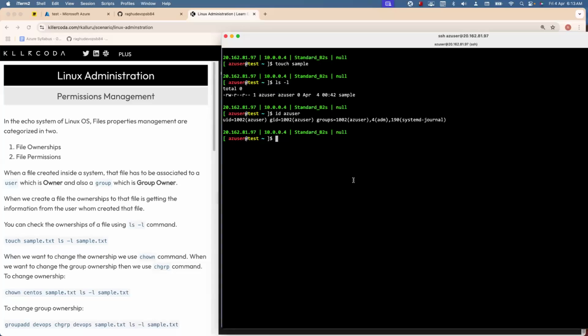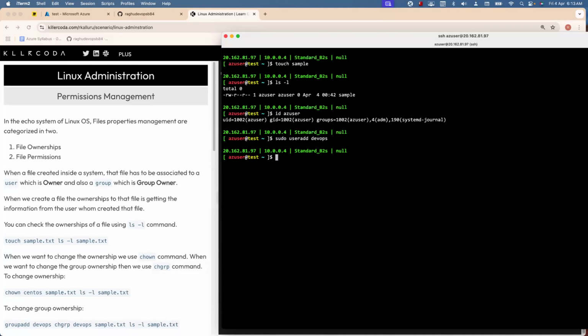Now you can start transferring this file from one user to another user. For example, sudo useradd, let's say, something called devops. Now you can give this particular file's ownership to the other user.